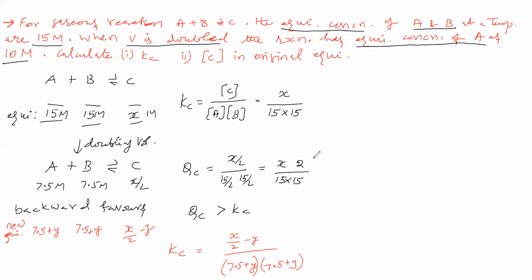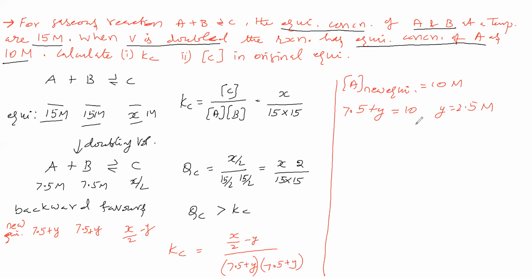Next point they have given: after doubling the volume, the equilibrium concentration of A becomes 10 molar. In the new equilibrium, concentration of A is 10 molar. Therefore 7.5 plus Y is equal to 10, so Y is equal to 2.5 molar. We know the Y value, and we can substitute it.